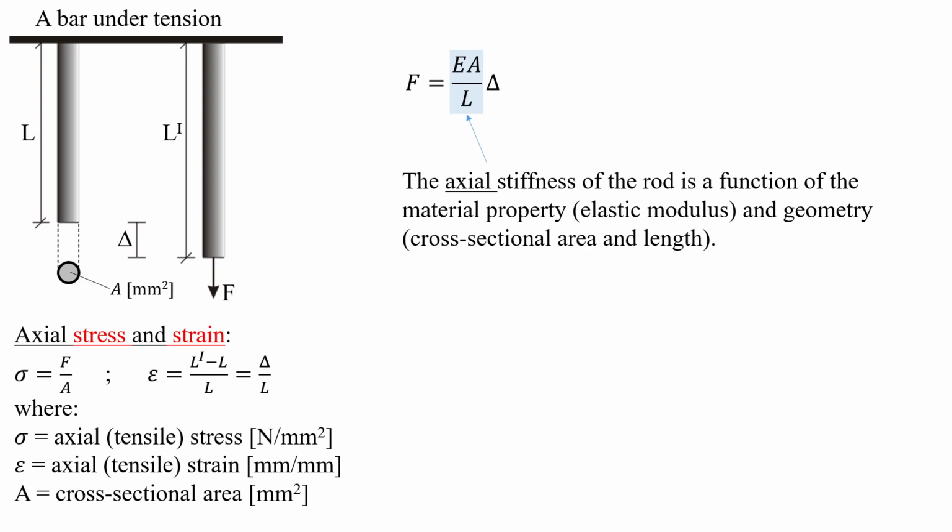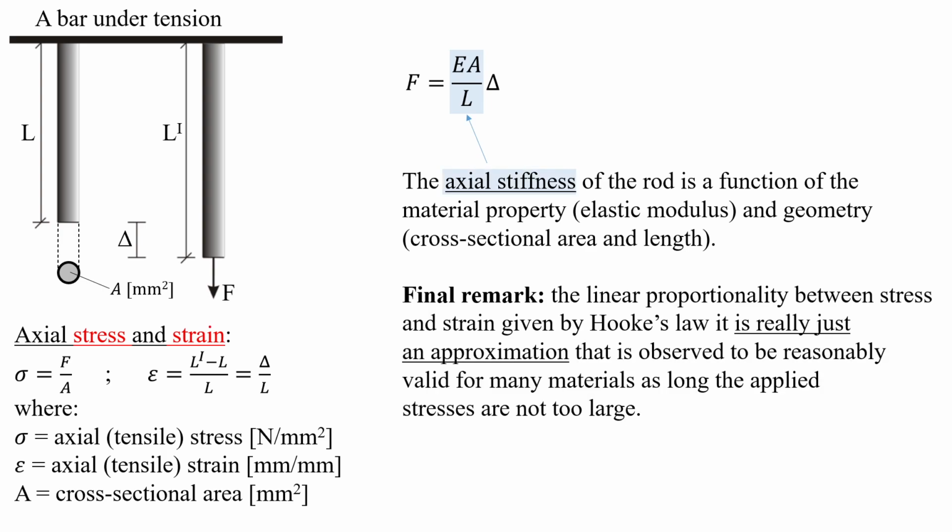So the axial stiffness of the rod is a function of the material properties, the elastic modulus, and the geometry, being area and length. It's a function of two things: the geometry and the modulus of elasticity. You can understand that. That's really what you need for today.